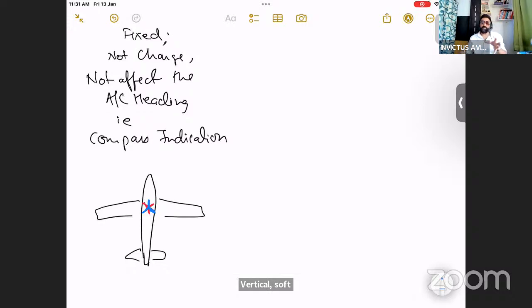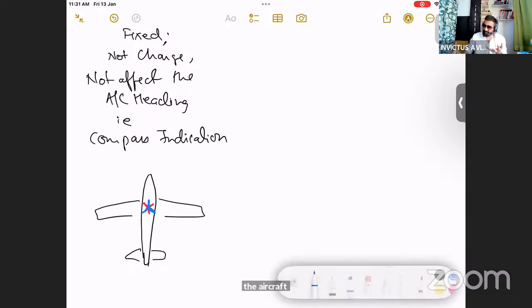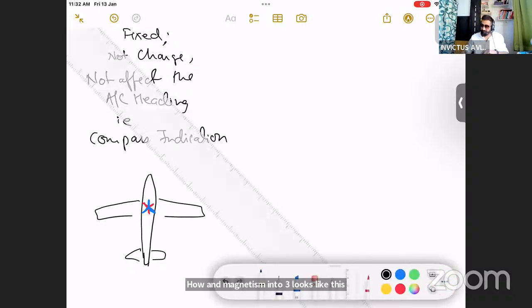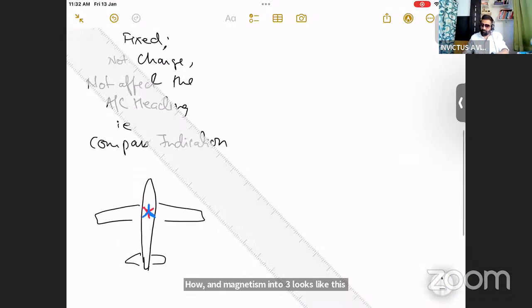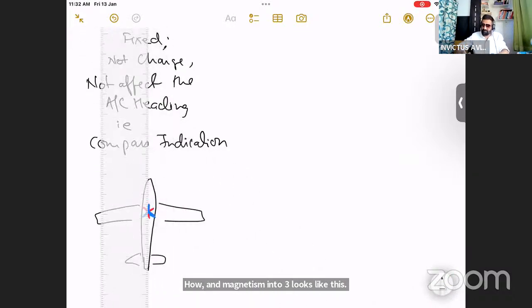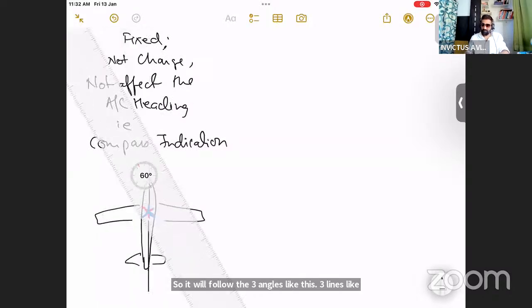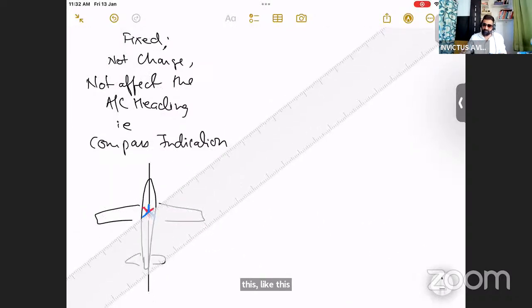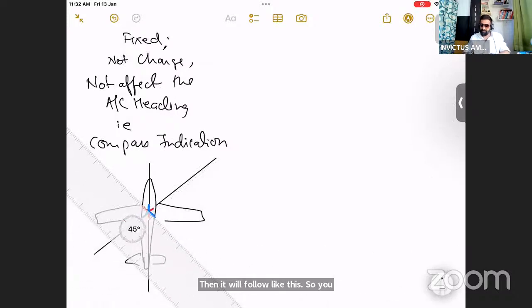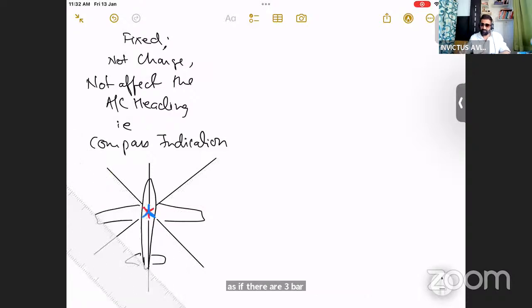This resolution of the aircraft's hard iron magnetism into three looks like this. It will follow three lines like this, then it will follow like this. So you see, they behave as if there are 3 bar magnets.